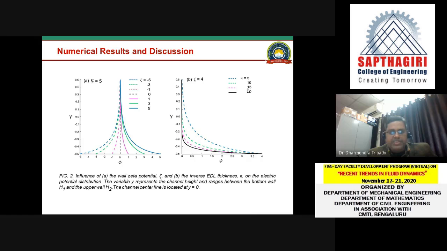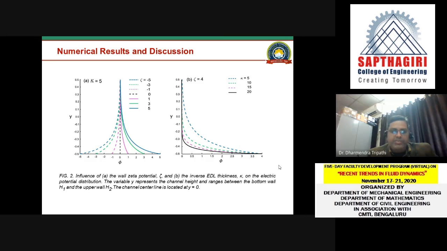And the discussion should be closely related to the physical interpretation. A discussion is not just saying that the potential function is increasing with increasing zeta potential, or decreasing with the zeta potential. If it is increasing, you have to explain why it is increasing, what physics is involved, and why it is not decreasing. That type of discussion you have to do.